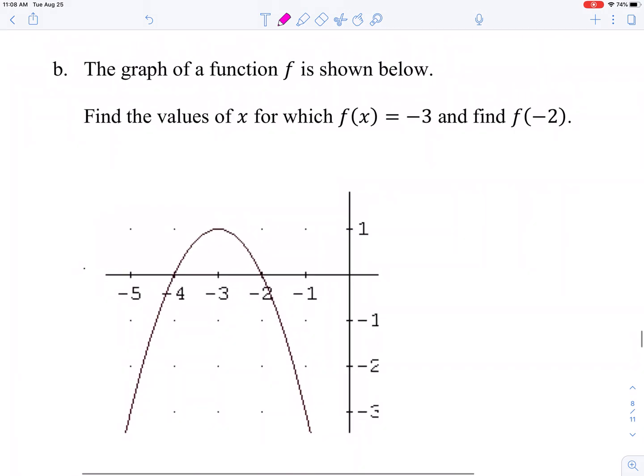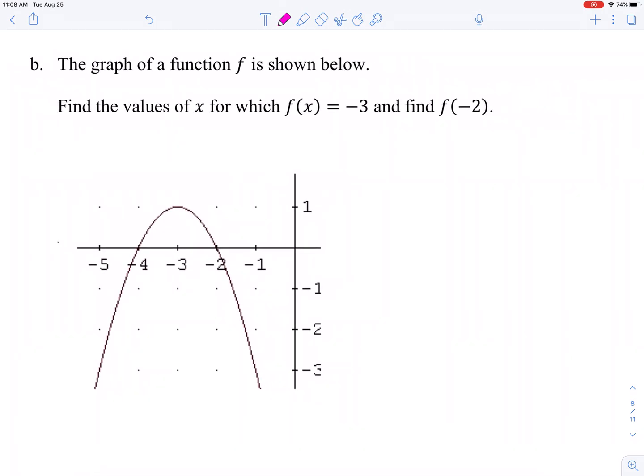All right, part B here. So this is again important. This is where our function notation comes in handy. So for this first part here, f of x equals -3. Well, it says, find the values of x for which f of x equals -3. So we're going to write f of x equals -3, comma, x equals. In other words, remember, f of x really means y, right?